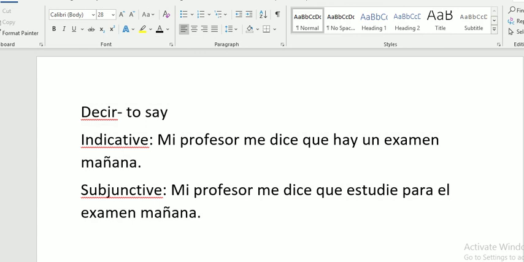My professor tells me to study for the exam tomorrow. Now, a couple things happened here in the subjunctive sentence. For one, my professor gave me an implied command. He's telling me to study. Does that mean I'm going to study? Not necessarily, but he did imply that I should study. The other thing that happened is that the subject changed, right? In the main clause, my professor is the subject, the center of action. What is he doing? He's telling me something.